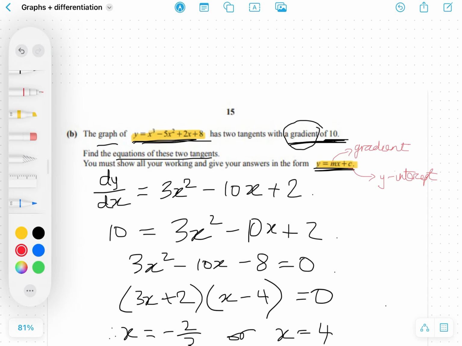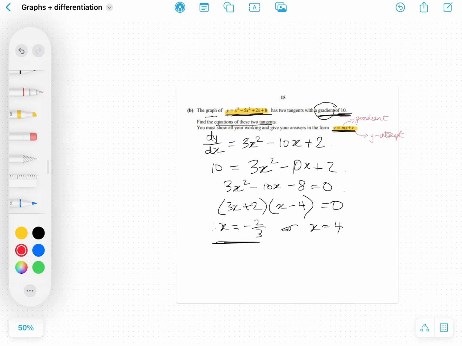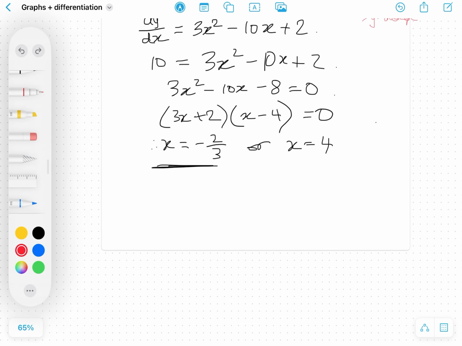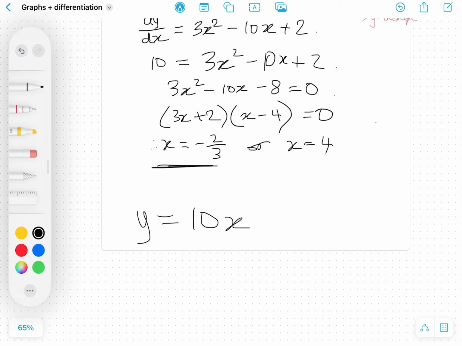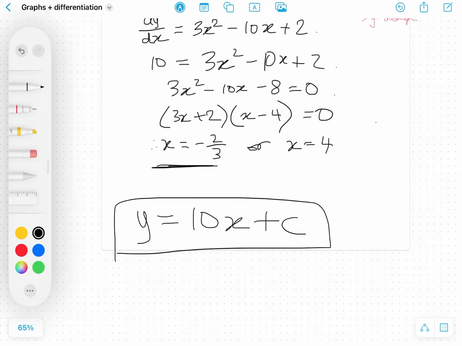But they've told us that these two tangents have a gradient of 10. So we know that the two tangents will have an equation in the form y equals 10x plus c. m is 10 in this case because they've told us that the gradient is 10.